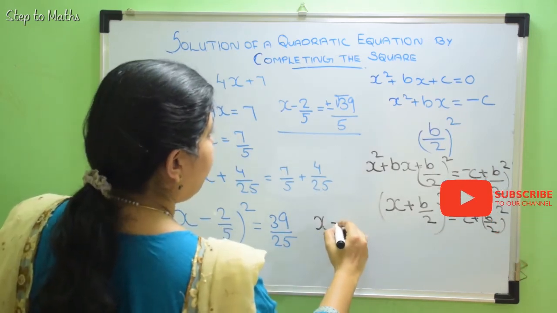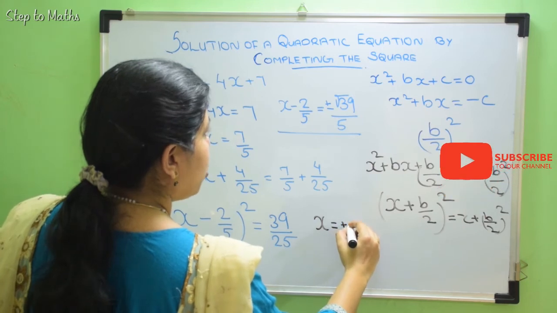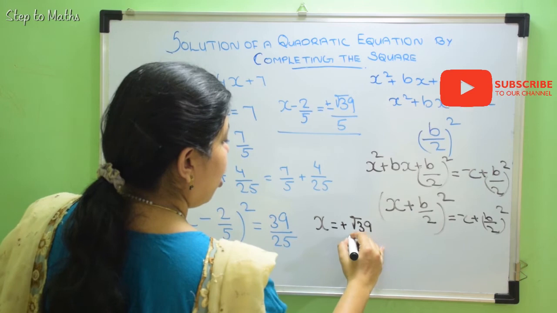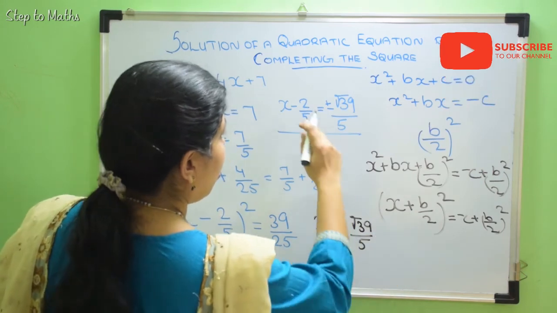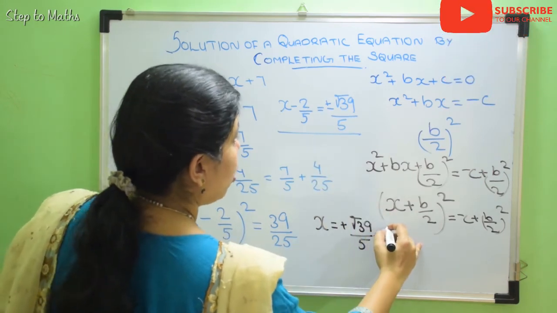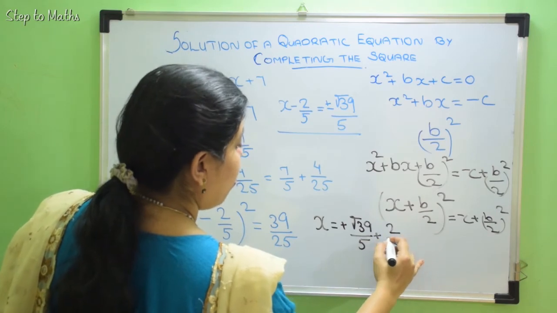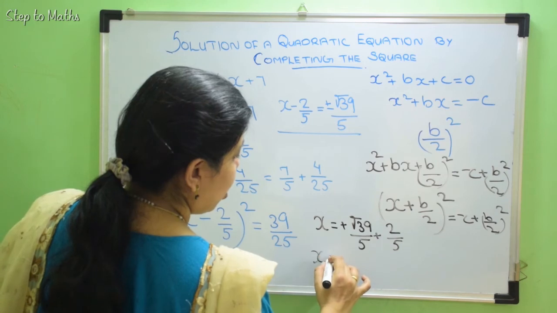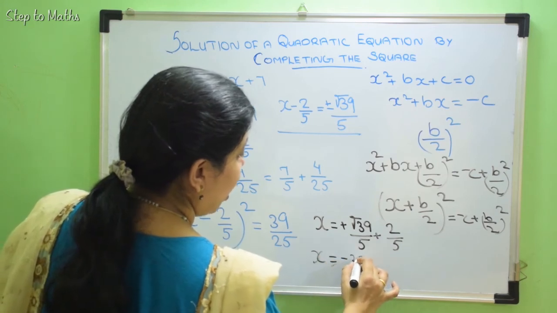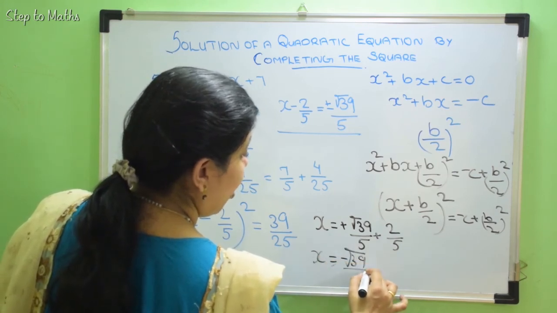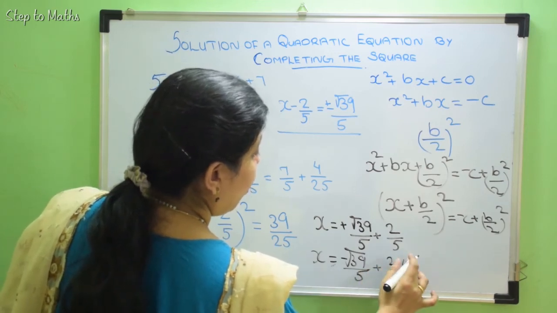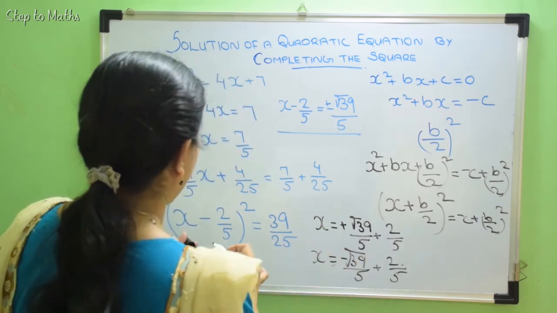x equal to plus root of 39 by 5 plus 2 by 5, and x is equal to minus root of 39 by 5 plus 2 by 5.